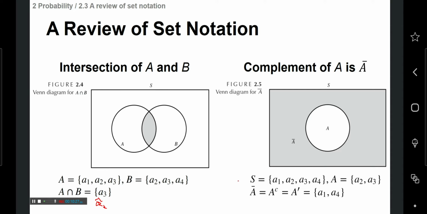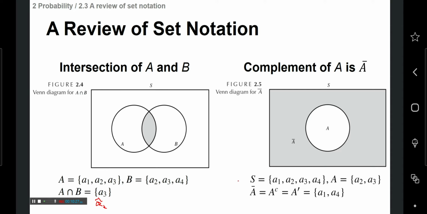In other textbooks, the complement is sometimes written with a C or with A dash, but our textbook uses a bar for the complement sign. The complement of A is here, A1 and A4, because A1 and A4 are outside of A.